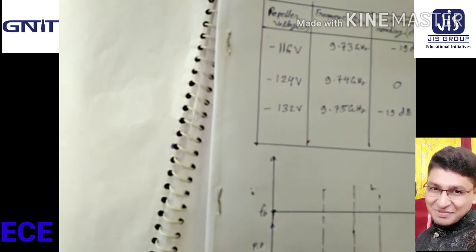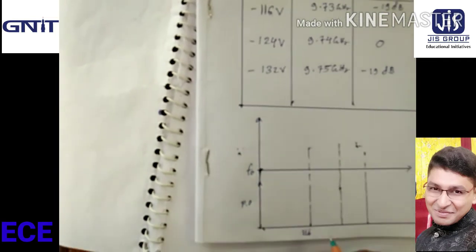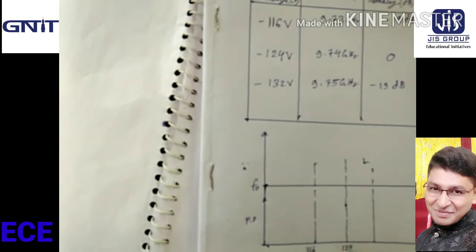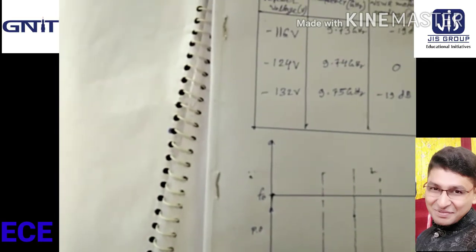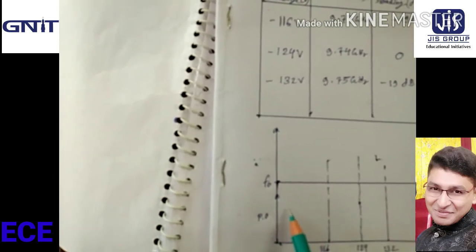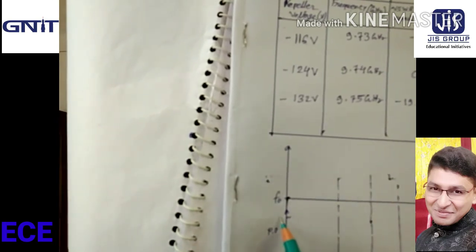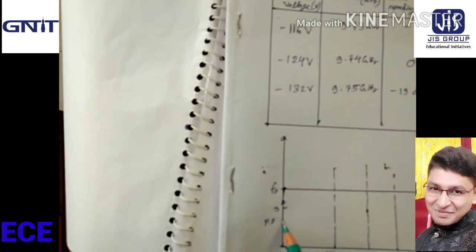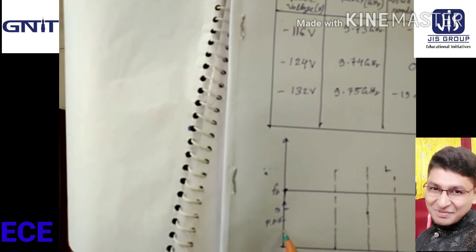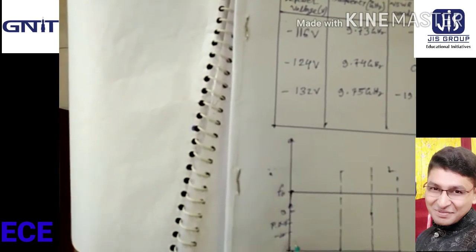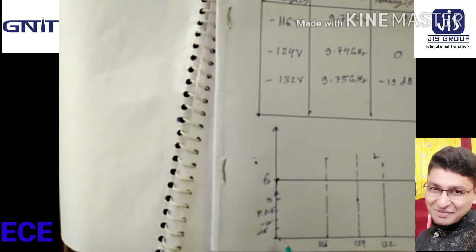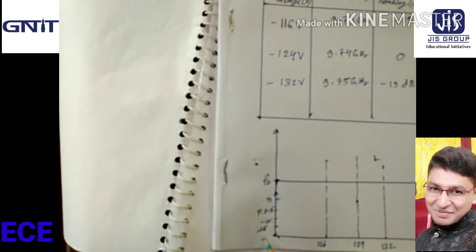Repeller voltage 116 here, 124 here, 132 here. This axis is the power axis. At the top level, power is 0 dB, then minus 5 dB, minus 10 dB, minus 15 dB, and minus 20 dB.